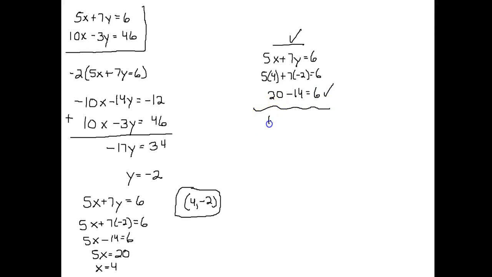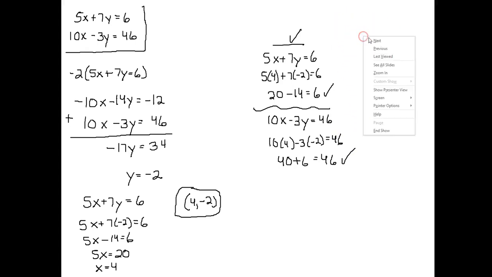And then go back to the 10x minus 3y equals 46. Plug in the 4. Plug in the -2. I've got 40 plus 6 equals 46. And that's true too. So it checks out. But that's your elimination.